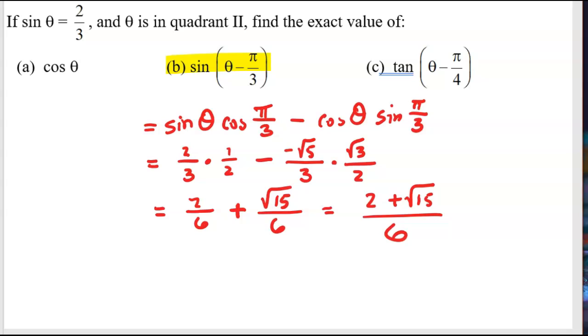Now here's what I was talking about in one of our previous examples. I have a 2 and I have a 6. I can reduce that, but there is no coefficient that has a factor of 2, so I am done with this. If you want to split this, 2 over 6 is 1/3 plus root 15 over 6, which cannot be simplified.